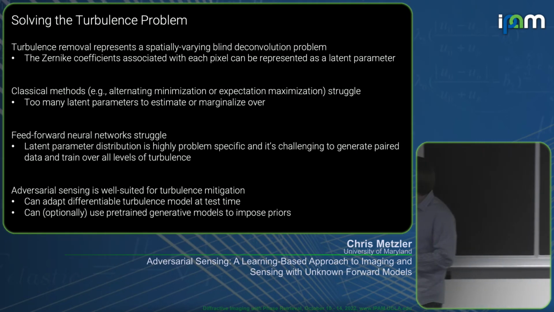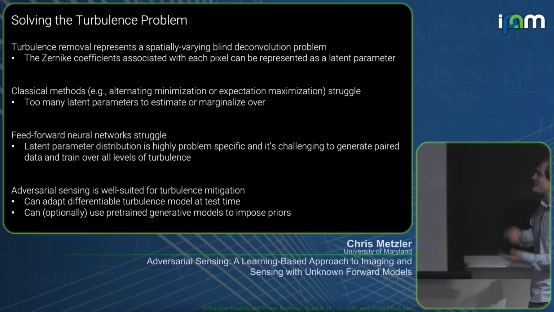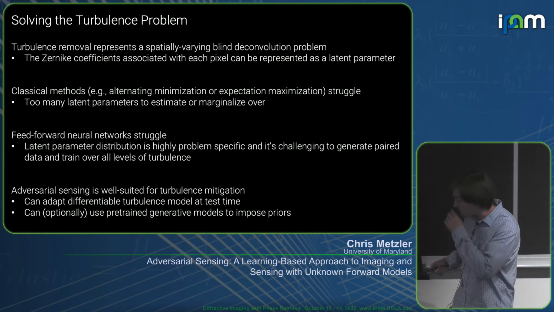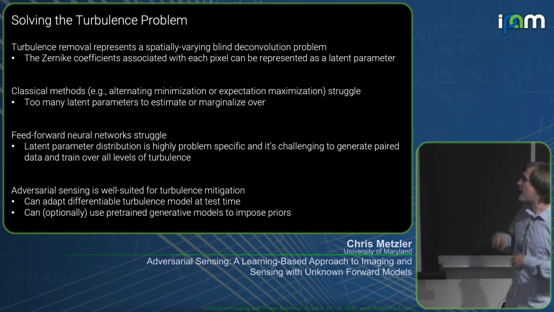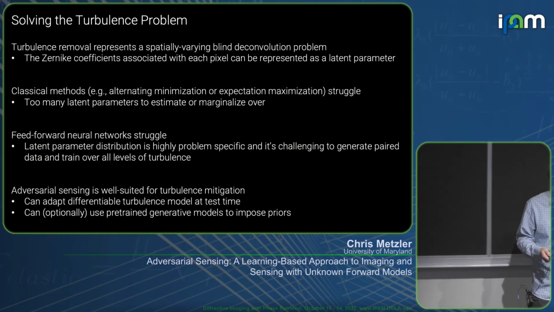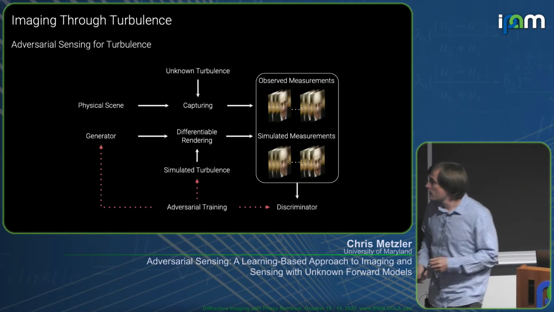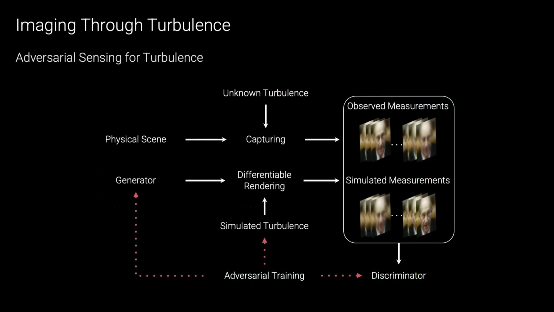Whereas adversarial sensing is well suited to this problem because it can adapt to the differential turbulence model at test time and can optionally use pre-trained generative models to impose priors. Adversarial sensing for imaging through turbulence looks almost identical to what it did for cryo-EM.